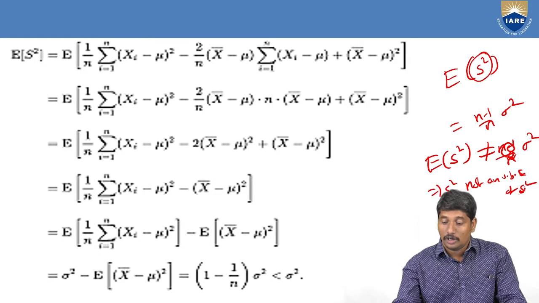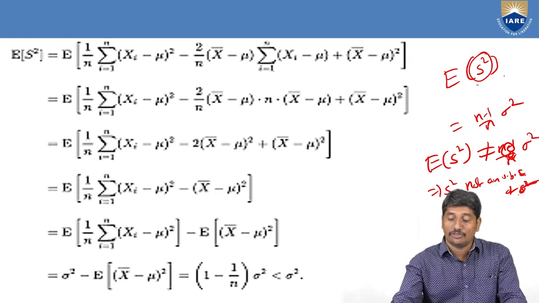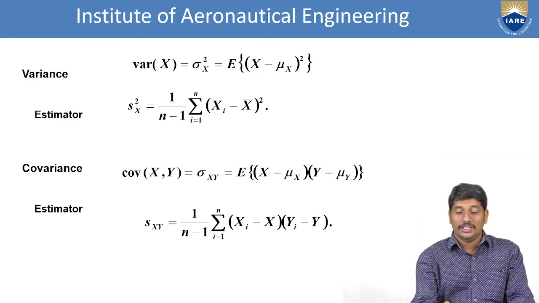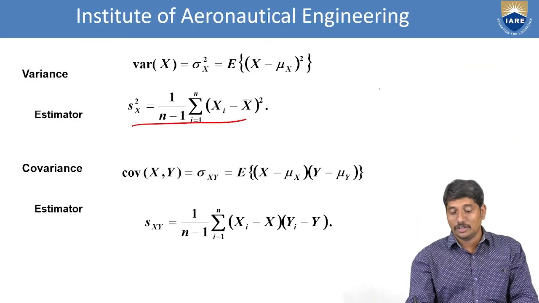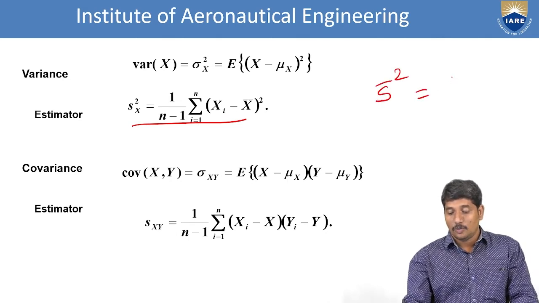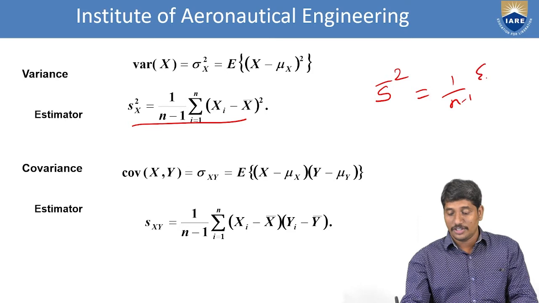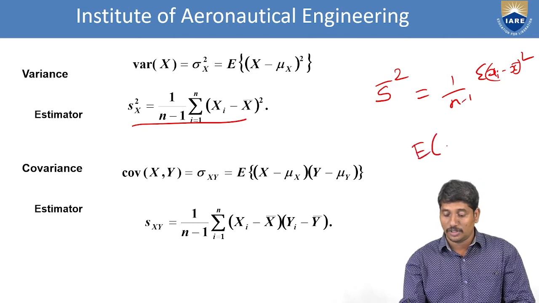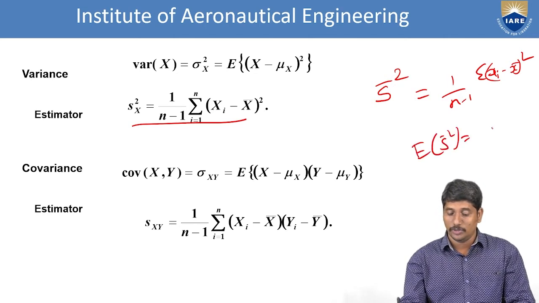So how do we convert this S square into an unbiased estimator of the population variance sigma square? For that, we introduce the modified sample variance S bar square as 1 by (n minus 1) summation (xi minus x bar) whole square. Now we are going to prove that expectation of S bar square is equal to sigma square.